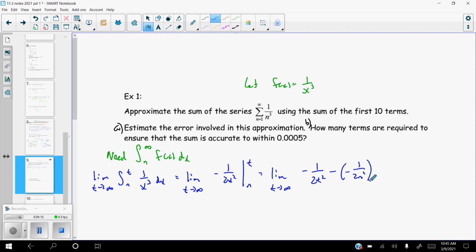Remember, n represents an integer, some kind of a number. As t approaches infinity, that first term, -1 over 2t squared, goes to 0. Then you have minus minus, which becomes plus. There are no t values in that 1 over 2n squared, so it's just like having a constant. So our eventual limit is 1 over 2n squared. That represents our remainder.